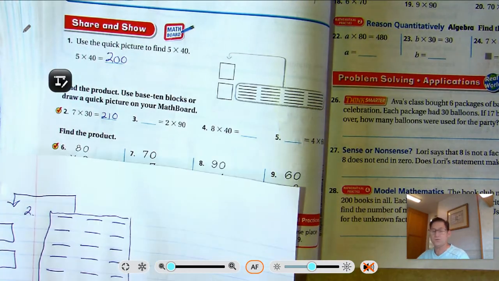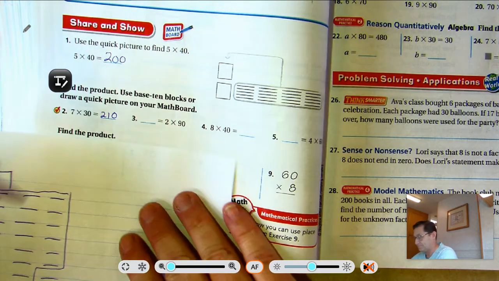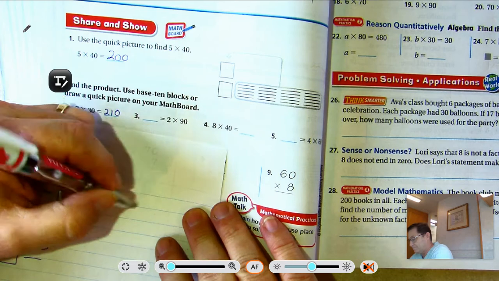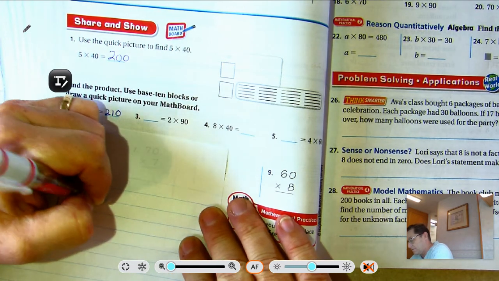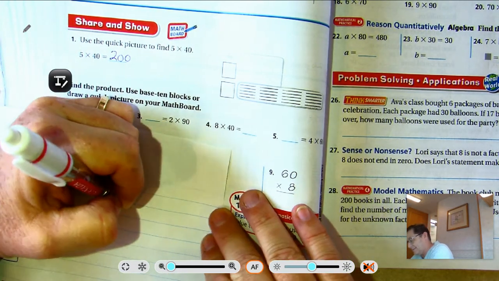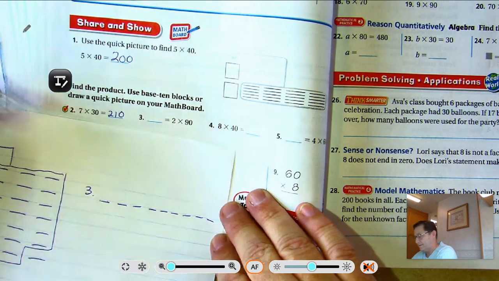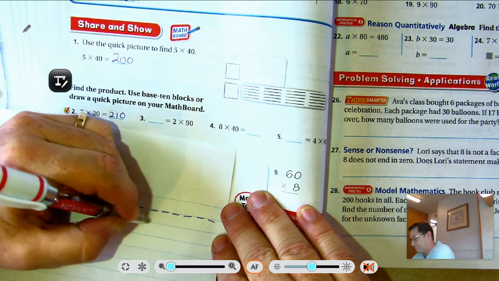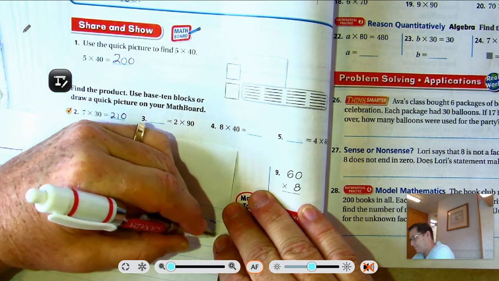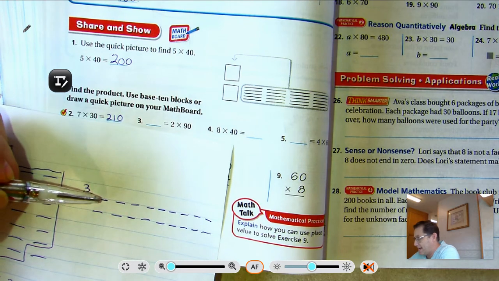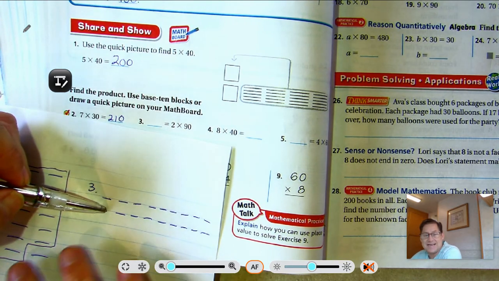Number 3, 2 times 90. So we have 9 10s, 2 times. So we have 9 and 9 10s, that's 18 10s.